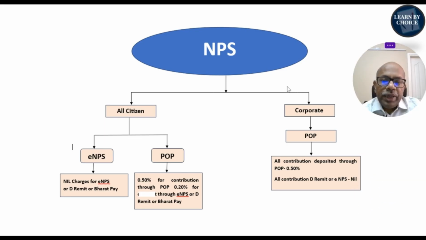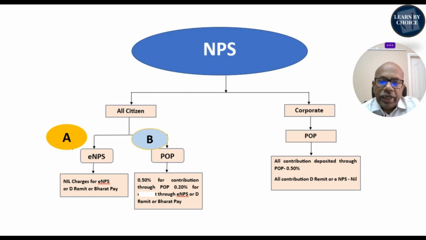So NPS customers can be classified into broad three categories, A, B, C. The category A are the customers who are opening their NPS account through the eNPS. So eNPS is the online channel provided by NPS Trust for the benefit of the NPS customers. Through eNPS you can open a new account, contribute, check your balance and so many other facilities.